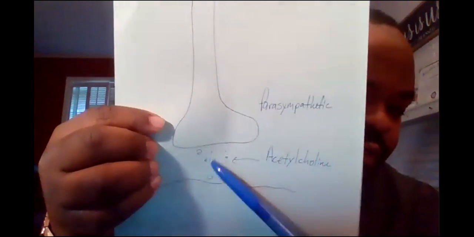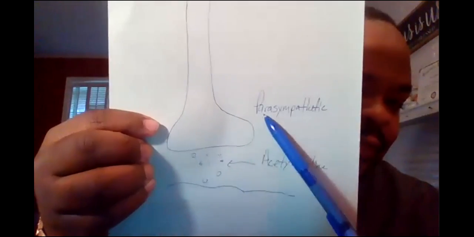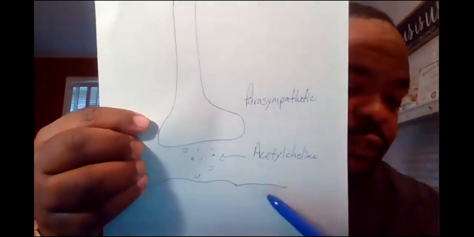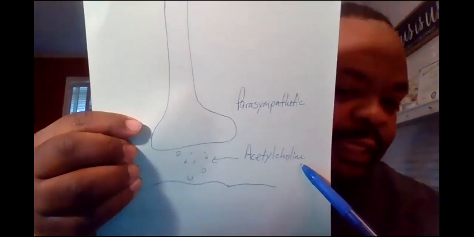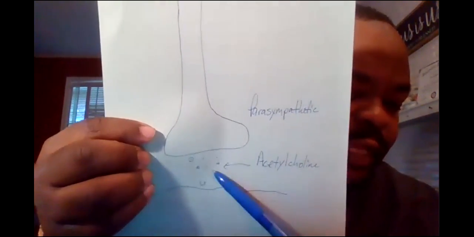This is the neurotransmitter in the synapse. And the parasympathetic nervous system side uses what? Acetylcholine as its neurotransmitter. When acetylcholine is used, they call that the cholinergic response, okay? Cholinergic stimulation or cholinergic response, okay? When acetylcholine is used as the neurotransmitter, then your body will go into the cholinergic response, okay?